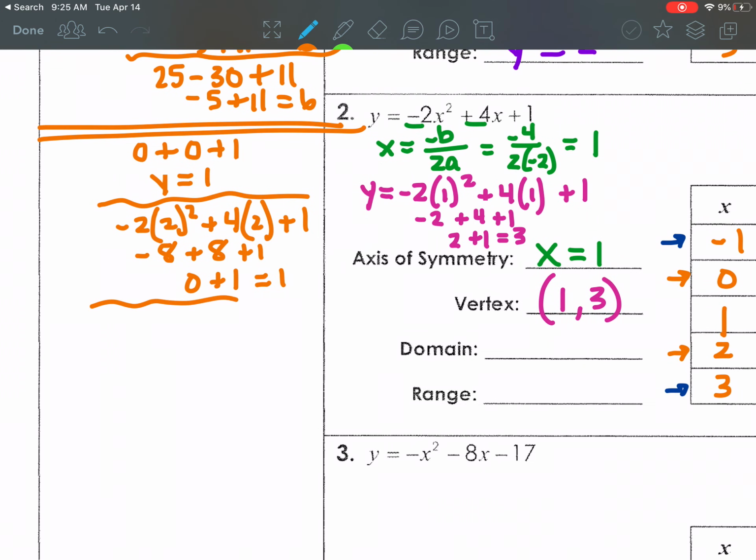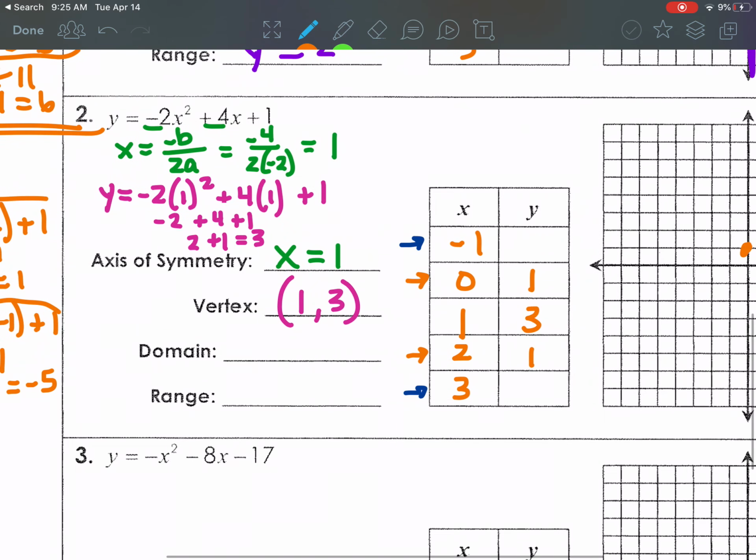Okay, let's plug in -1. So -2 times -1 squared plus 4 times -1 plus 1. -1 squared is +1 times -2. We get -2. Positive times a negative, so -4 plus 1, -6 plus 1 is -5. Okay, do the same thing with 3.